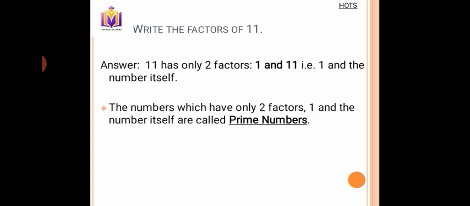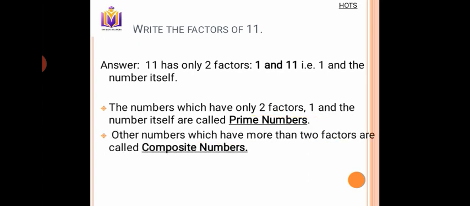So the numbers that have only two factors, we call them prime numbers. One is the factor of all the numbers, and the next one is the number itself. And the opposite of it is composite numbers. It means when a number has more than two factors, we call it a composite number.